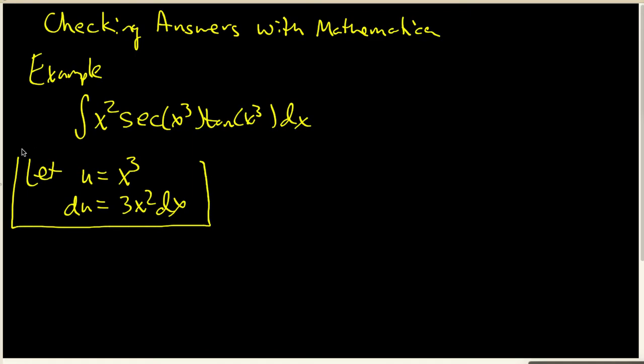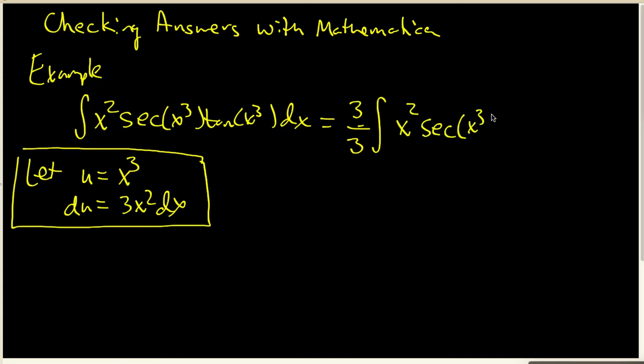If I think about this u substitution, I am missing this 3, so I want to fix the integral up as 3 over 3. So I've got 3 over 3 times the integral of x squared secant of x cubed times tangent of x cubed dx.